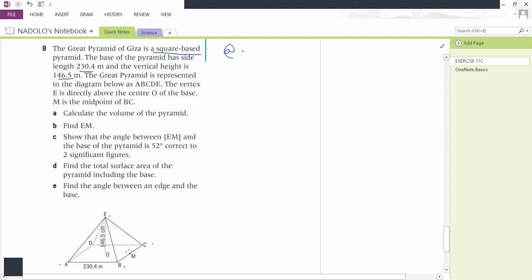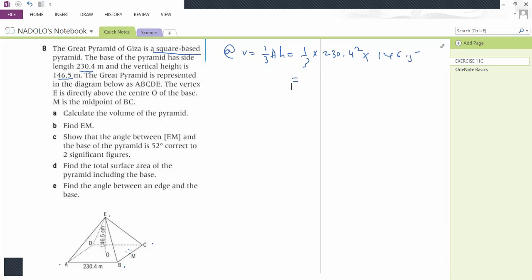Calculate the volume of the pyramid. Once more, volume will be given by a third of base area multiplied by height, which is a third. Base area is a square, so we are squaring the length multiplied by perpendicular height, which is 146.5. So use your calculator to do that.